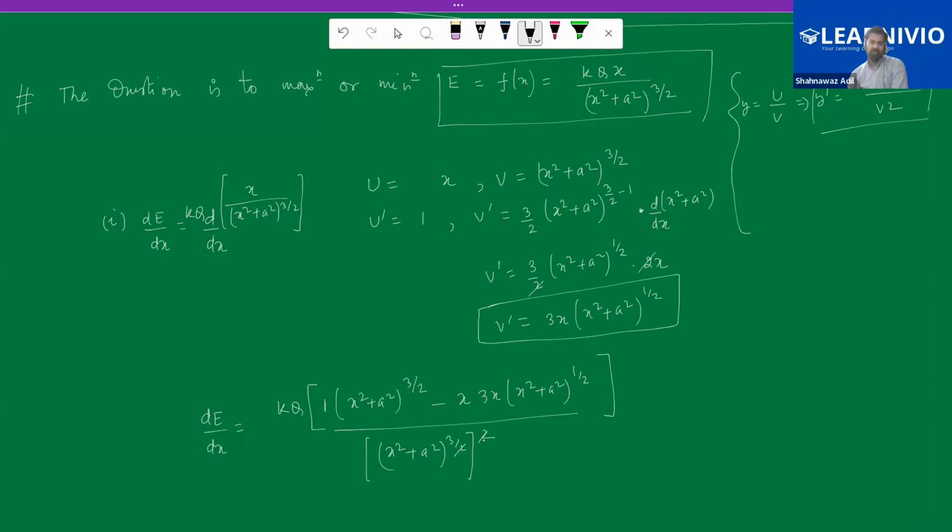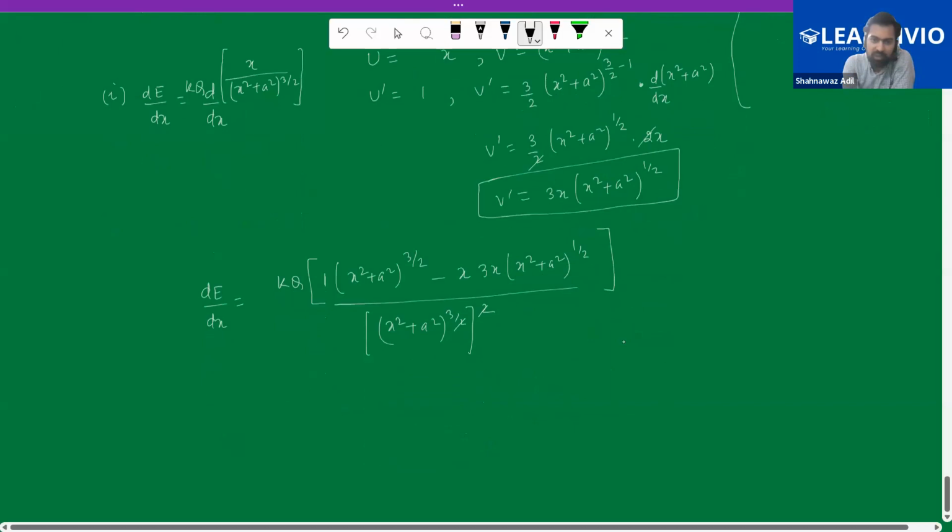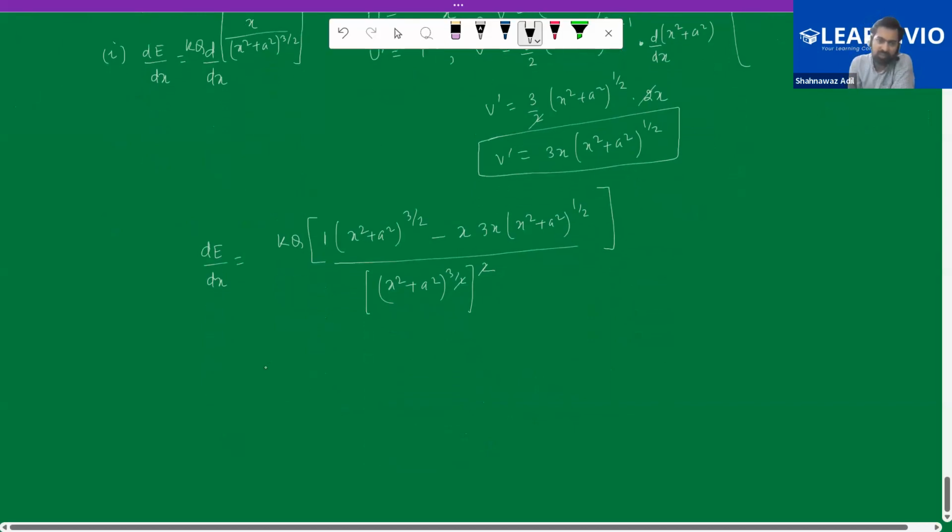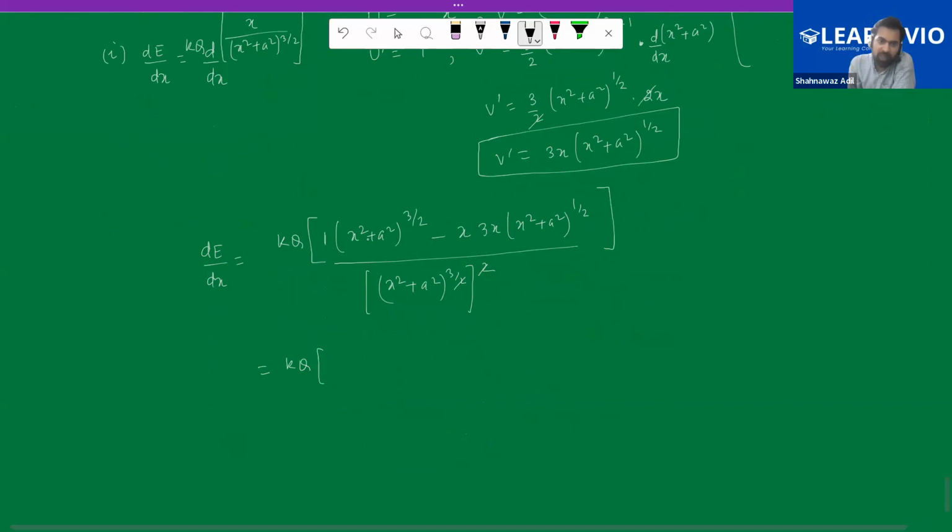Is this thing clear? Yes, sir. So now let us simplify this thing further. So this is kq(x² + a²)^(-3/2) and minus 3, right?